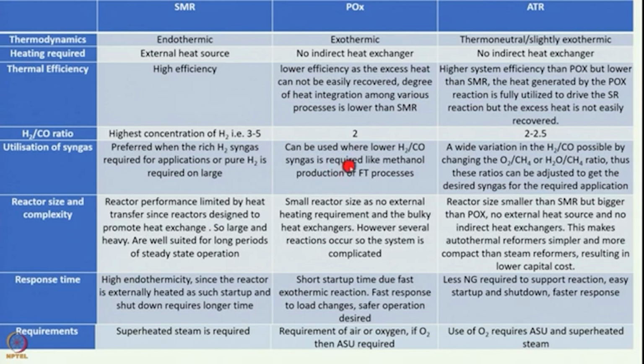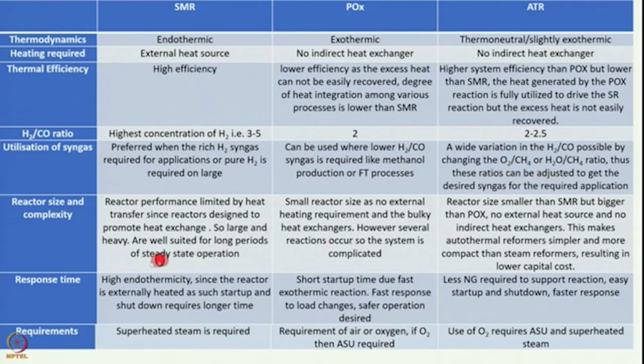In partial oxidation, since the H2 by CO ratio is lower, this would be preferred for processes where this is the ideal ratio for methanol production or for other liquid fuels production. In ATR this ratio can be varied, it can be adjusted as per the desired application.